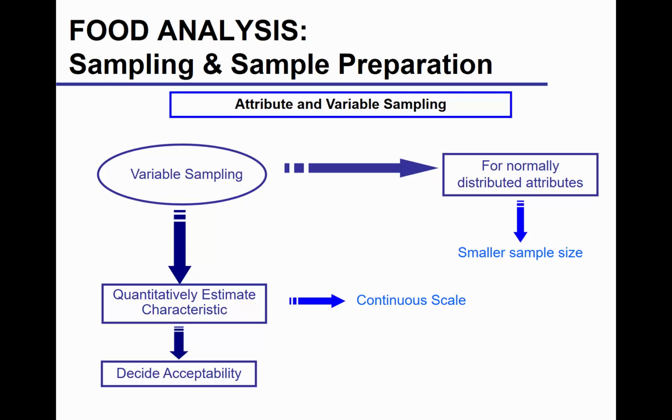Is that final value within your specification? Is it within your standards? Then you make a decision on that. And often you compare to an acceptable value that you've been working with or regulatory recommends. So here's an example of what we're measuring: color, total solids, salt, and other compositional components.